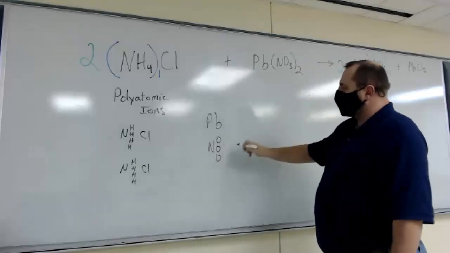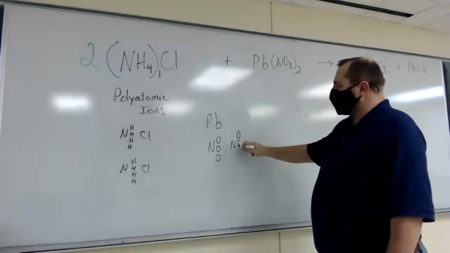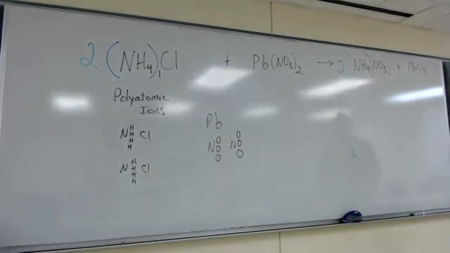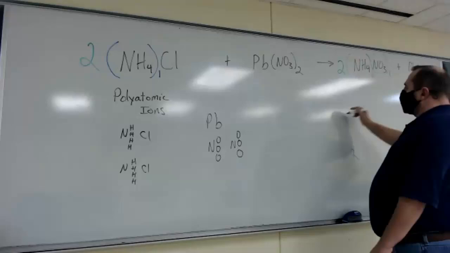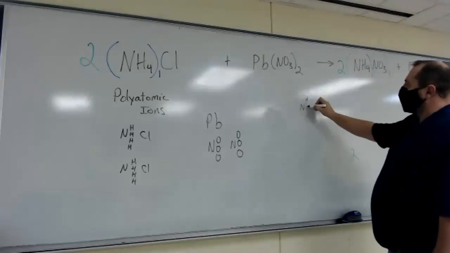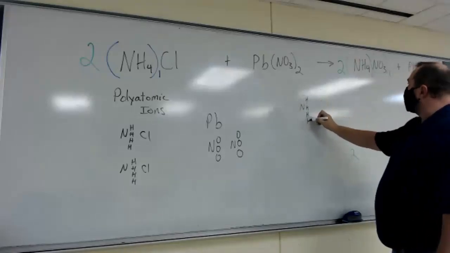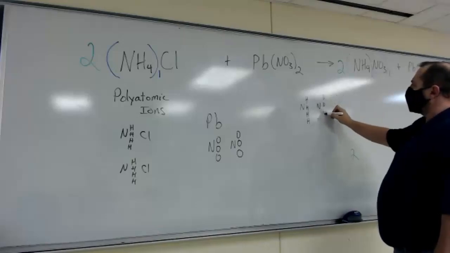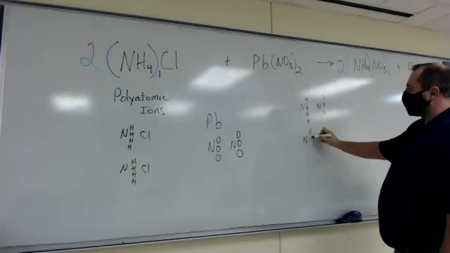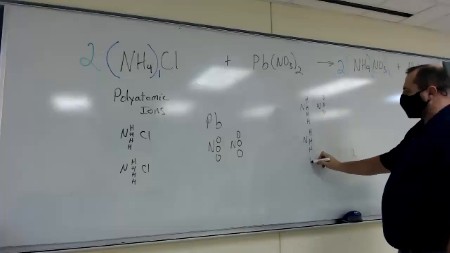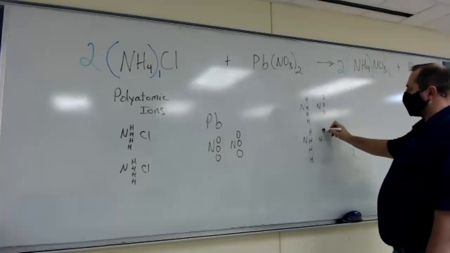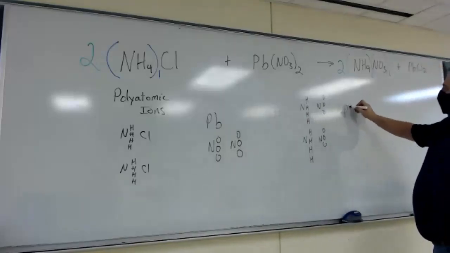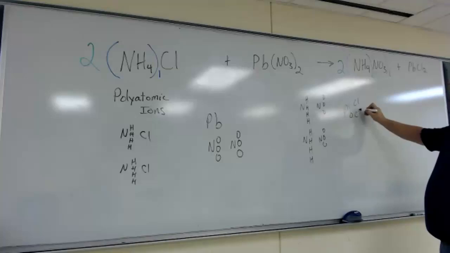But it's got two of these pieces. This says I've got two of these. So I've got an N with 4 H's. An N with 3 oxygens, but there's two of those. And then I have one Pb and it has 2 Cl.